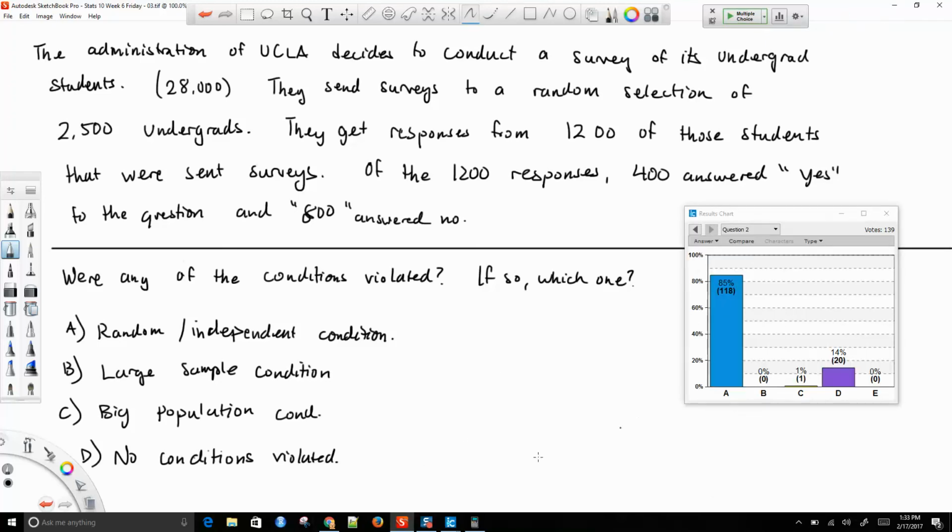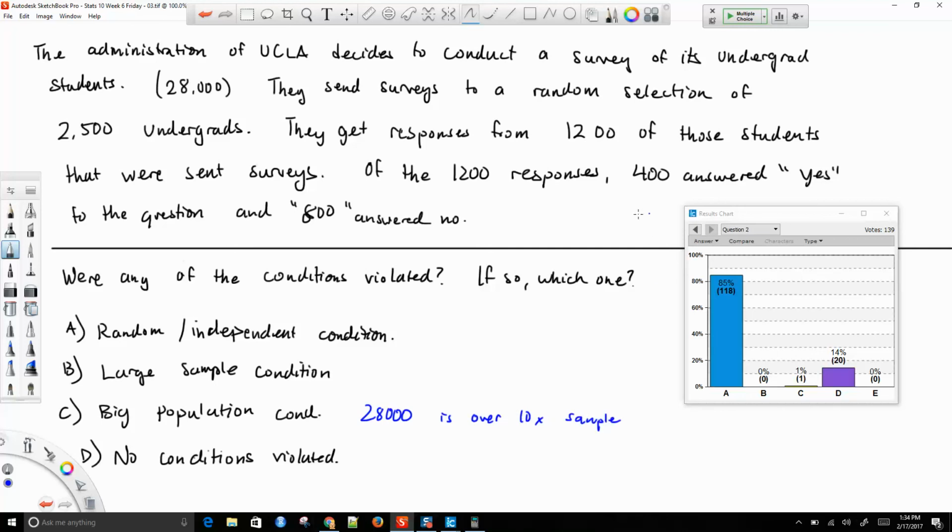Okay, so let's see. Okay, well, it seems we're in agreement that this is not violated, right? So we have 28,000. 28,000 is over 10 times bigger than our sample. Okay.